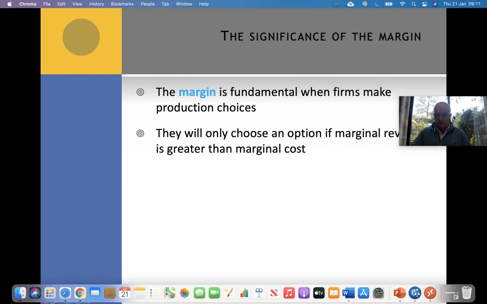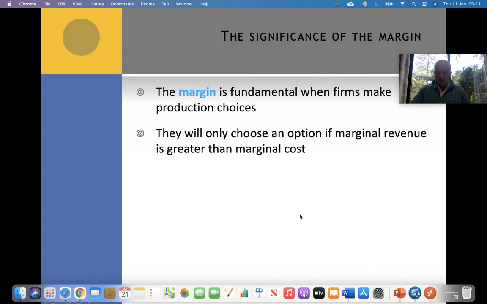So again, we talked about this principle that businesses will only choose to produce more if the marginal revenue that is generated from that extra item of production is going to be greater than the marginal cost.